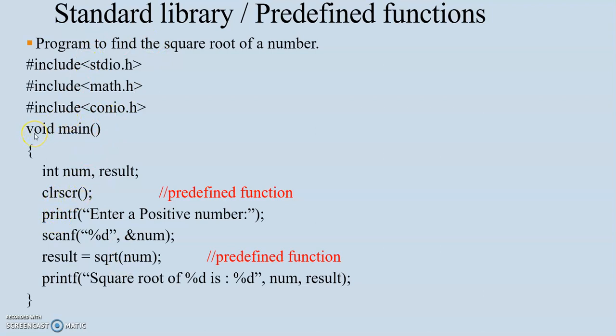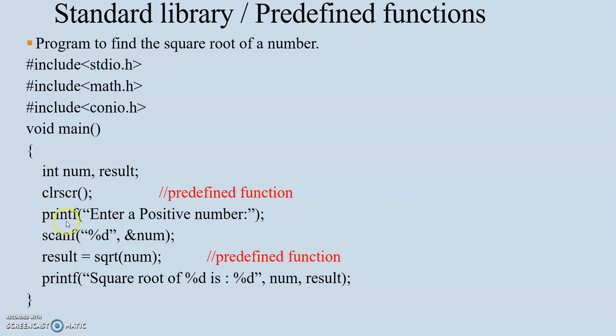Moving on with a void return of the main function. Two variables, num and result, are initialized with integer type. Here, clrscr is used as a predefined function. Now, this is a function which has no parameters in the brackets, which is allowed.